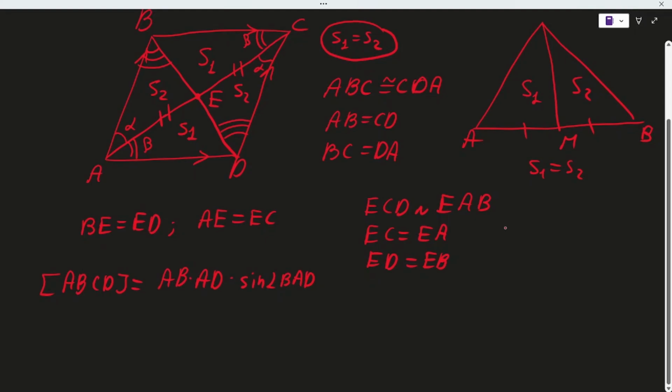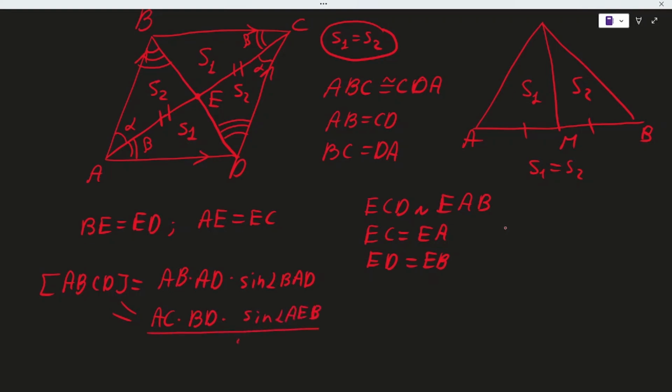Another formula for computing the area is the product of diagonals. So AC times BD times sine of angle AEB divided by 2. Here we can just apply the area of AEB, which is AE times EB times sine AEB over 2.